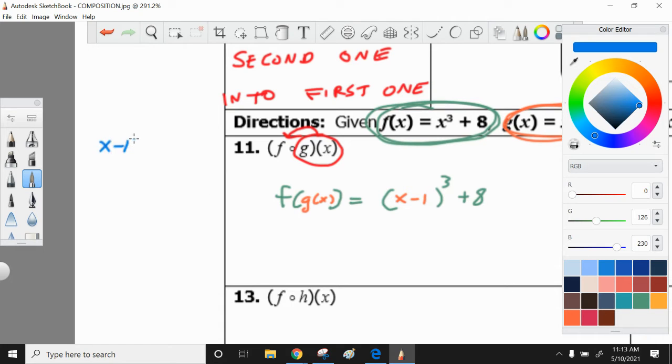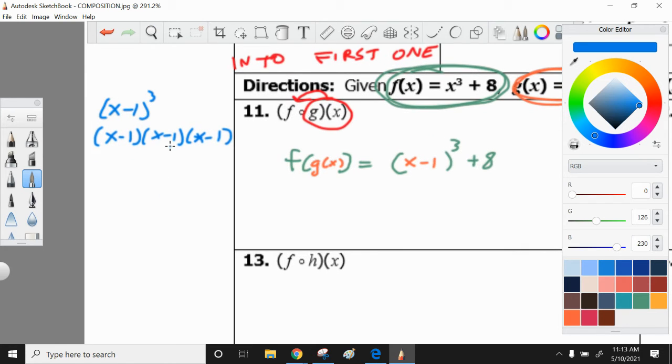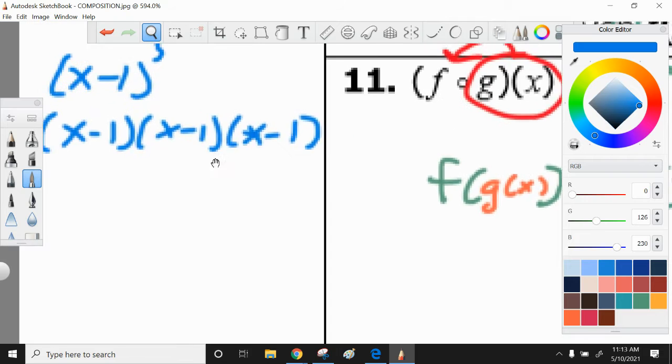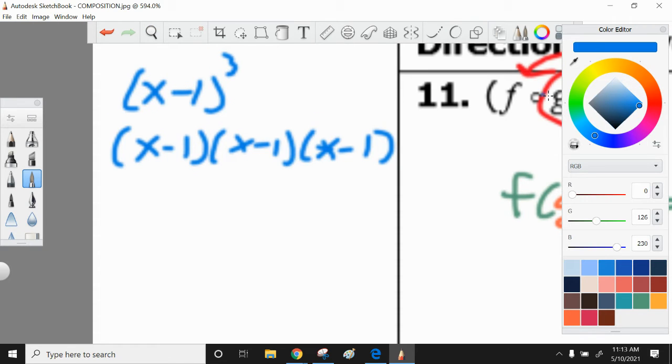So x minus 1 cubed is the same thing as x minus 1 times x minus 1 times x minus 1. We're going to have to multiply these three things together. And to start, let's just multiply two of them together, right? So I'll just multiply the first times the middle, do a little FOIL.